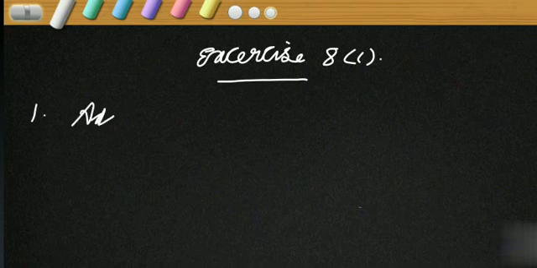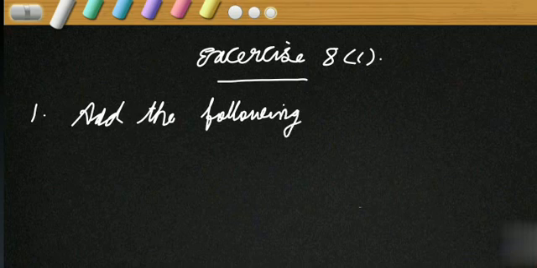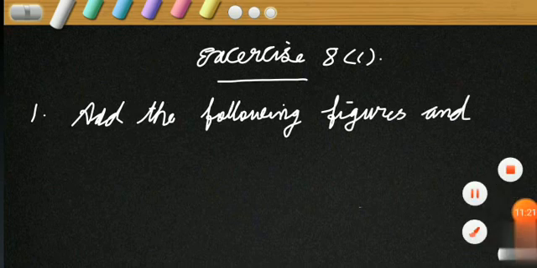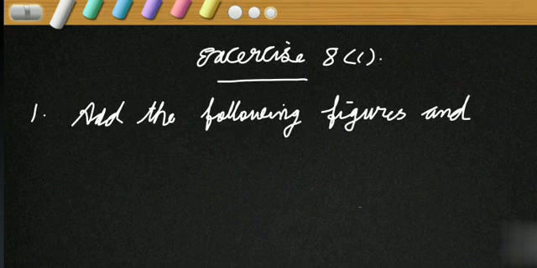Add the following figures and find the corresponding fraction.